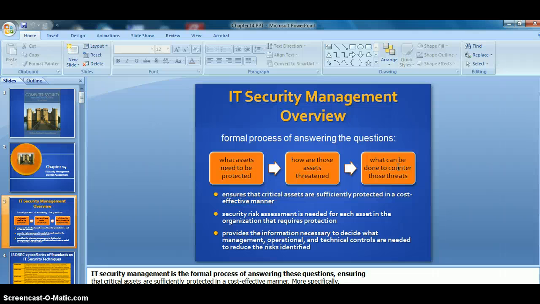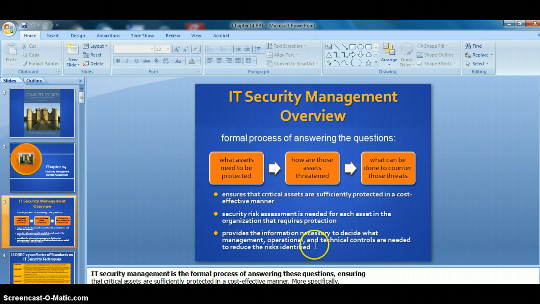Security risk assessment is needed for each asset in the organization that requires protection. It means that in your organization you have assets, and each asset should have a risk assessment to protect it. Security management provides the information necessary to decide what management, operational, and technical controls are needed to reduce the risk identified.